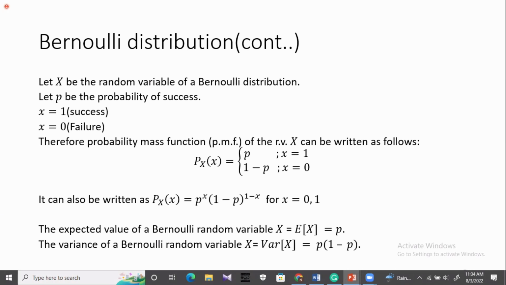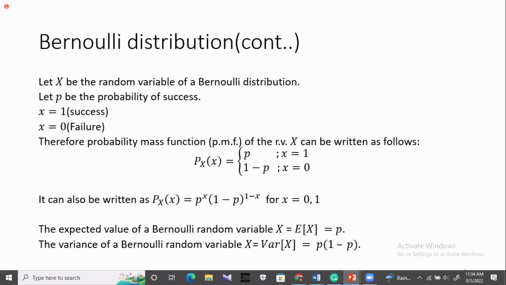For this Bernoulli distribution also, we can write the probability mass function as a mathematical function like this. Now the random variable capital X can be either 0 or 1. 1 represents success, 0 represents failure.